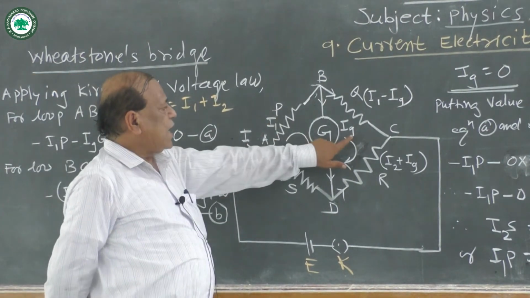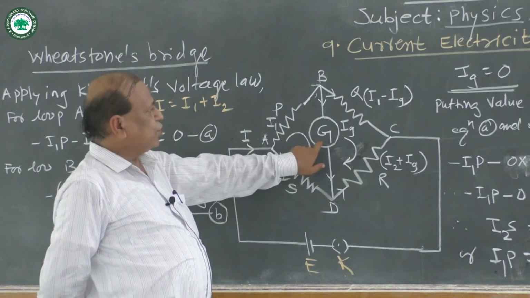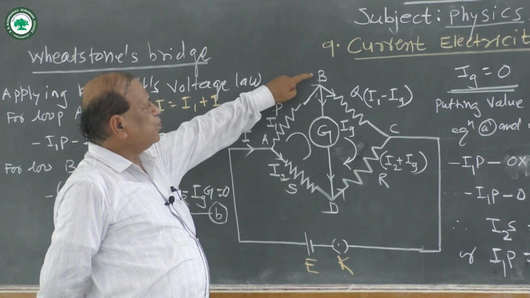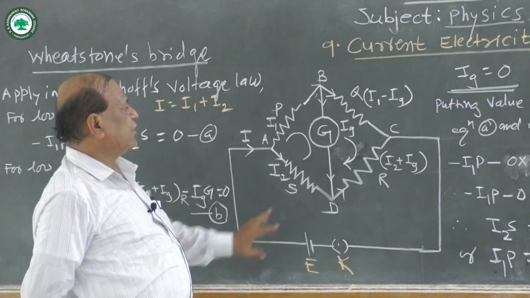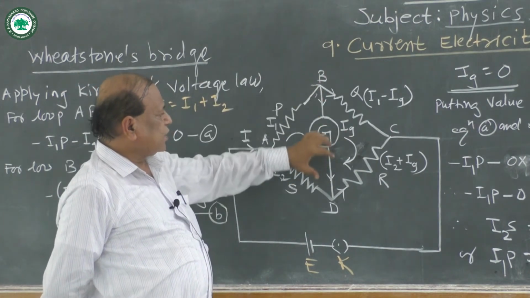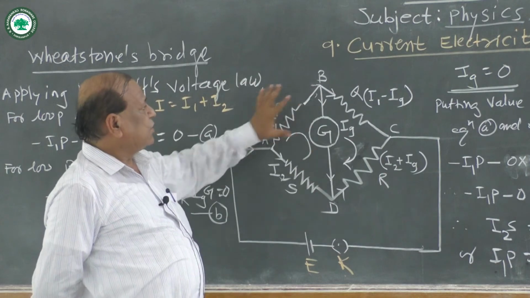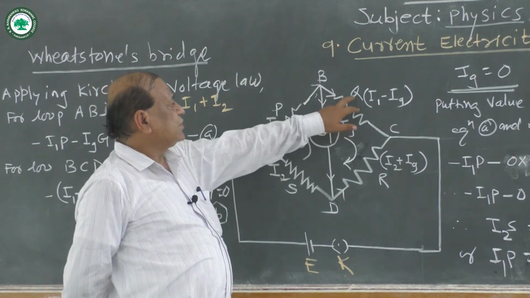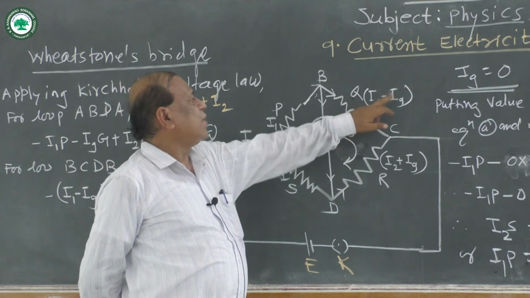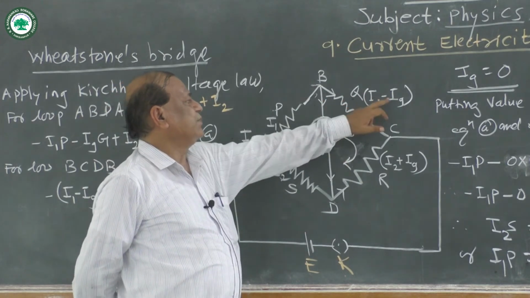Now G is the resistance of the galvanometer, which is connected in between junction B and junction D. Then Ig is the current flowing through that galvanometer. Therefore, current through resistance Q will be I1 minus Ig.